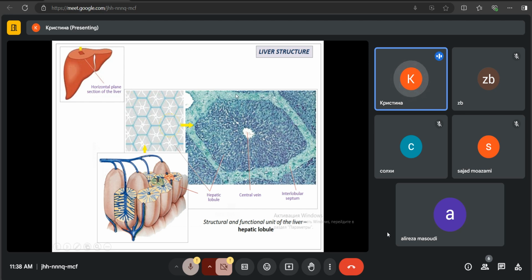Between the lobules, we have the surrounding loose fibrous connective tissue, which contains blood vessels, nerves, and the bile ducts. Inside the center of each lobule, we have the central vein, and the blood flows from the periphery to the central vein through the sinusoidal capillaries.